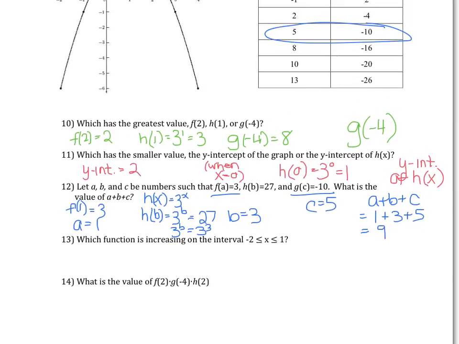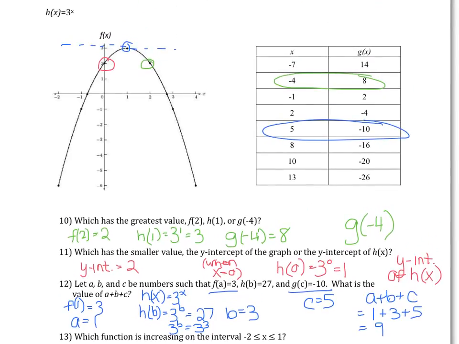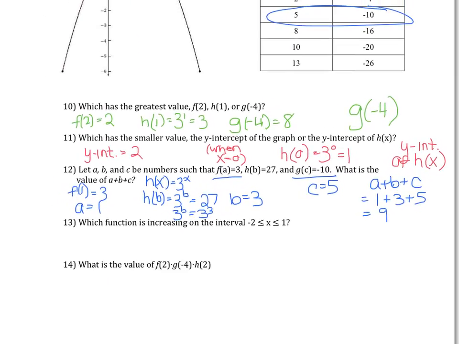Next, which function is increasing on the interval of negative 2 is less than or equal to x, which is less than or equal to 1? So we've got to look at all of our functions and look between negative 2 and 1. Well, with f of x, between negative 2 and 1, we can see that our function is increasing. So we know that f of x is an appropriate answer.